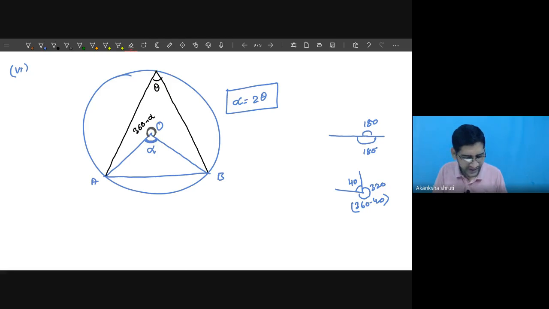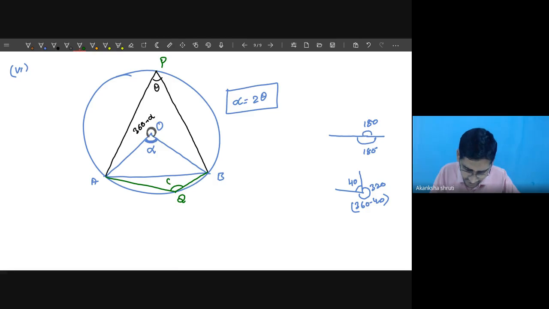The other angle is given at your other segment. Consider the point Q in the minor segment. Consider this angle as beta or gamma or whatever the denotation we have used.